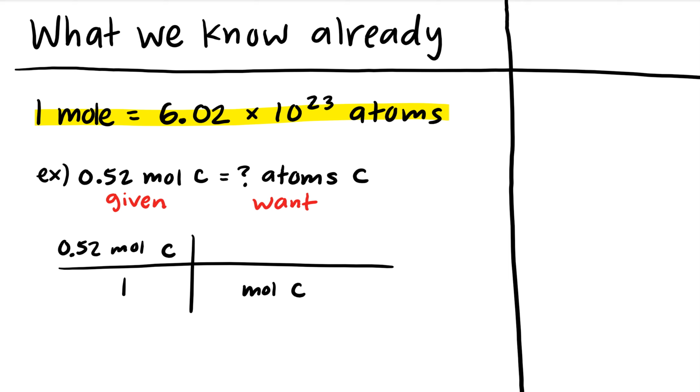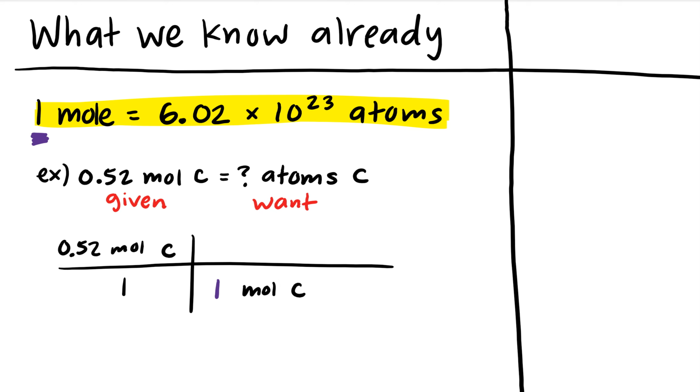This next column is going to contain our conversion factor, which is our highlighted conversion factor up here. I know I have to put moles of carbon on the bottom, and notice that the number in front of mole is always going to be a 1 in this conversion factor. So 1 mole of carbon goes on the bottom, and what it's equal to goes on top.